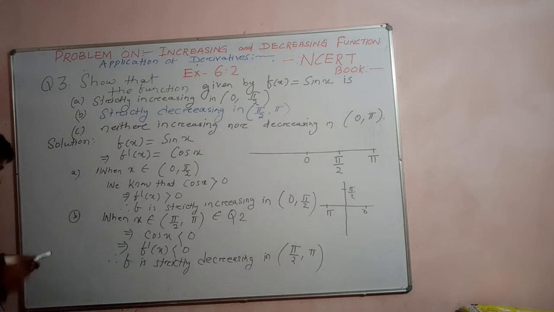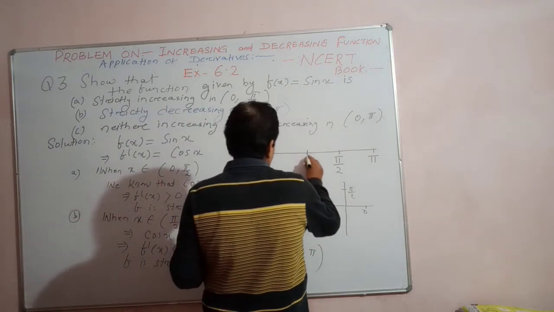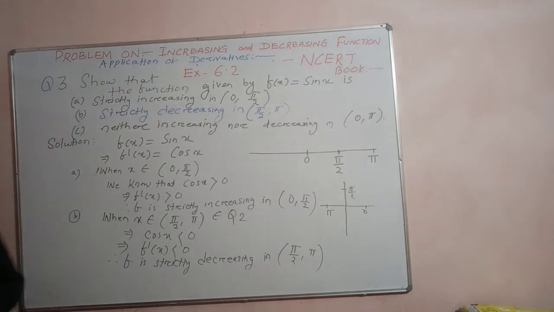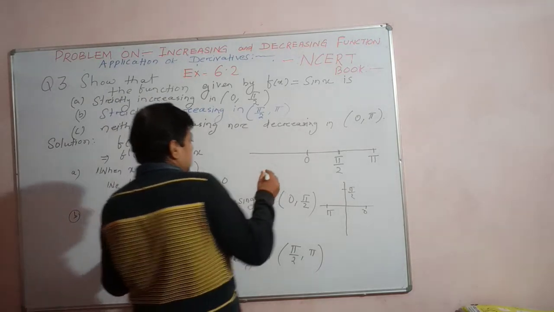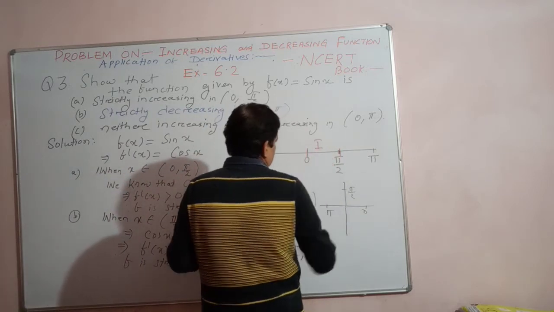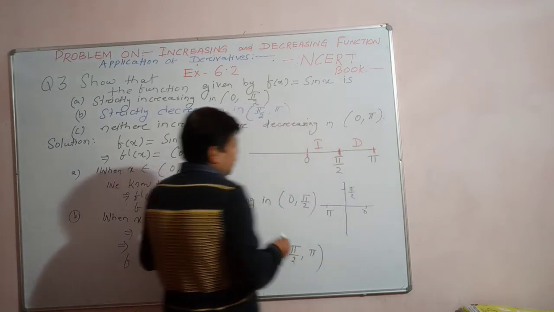So in the third case, we have to write that the function is strictly increasing in the interval 0 to pi by 2, and the function is strictly decreasing in the interval pi by 2 to pi.